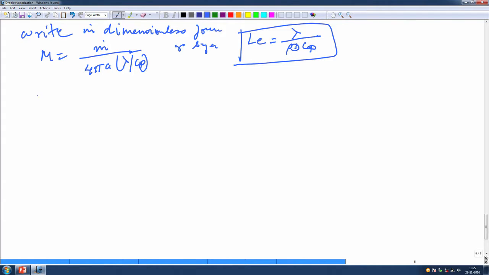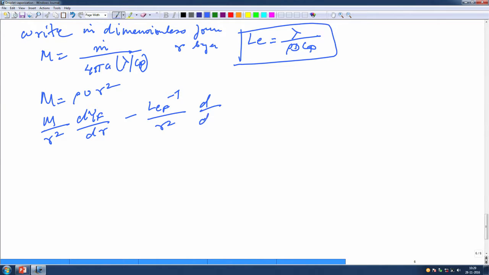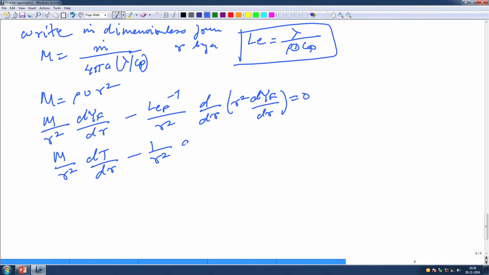So, if you do all these transformations, we can write the non-dimensional equations as rho v r square, m by r square dYf by dr, minus (Lef minus 1) r square dYf by dr is equal to 0, m by r square dT by dr plus 1 by r square.